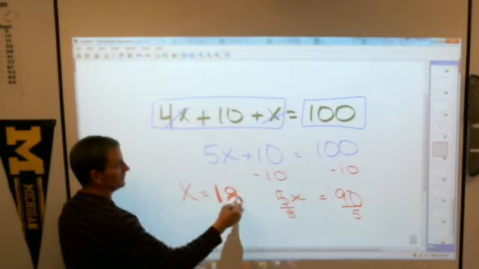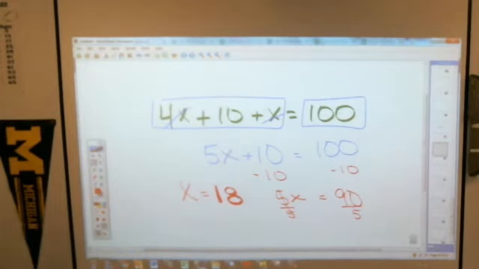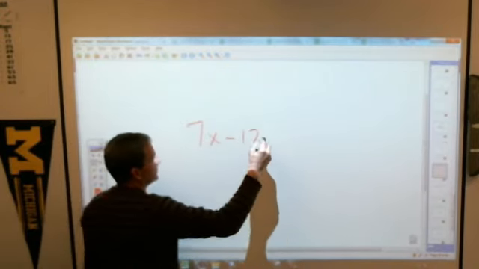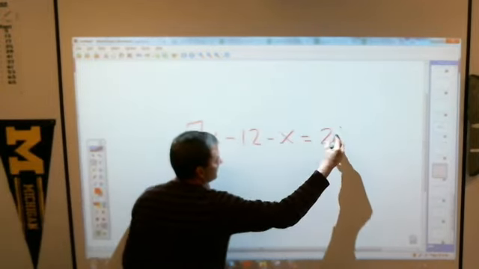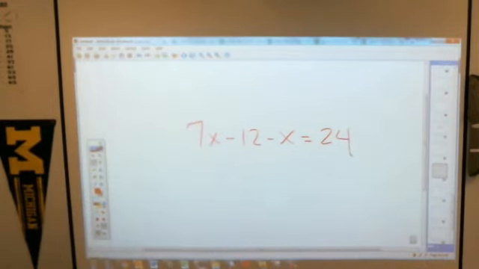I'm going to find a really hard one. Is there a really hard one to do? 7x minus 12 minus x is 24. Last one. Let's finish with 100% getting this one right. 7x minus 12 minus x equals 24.